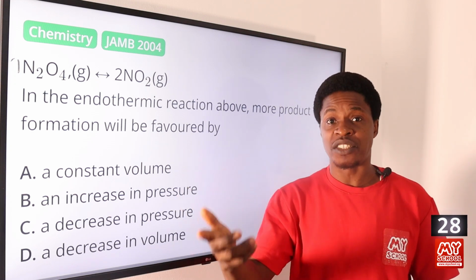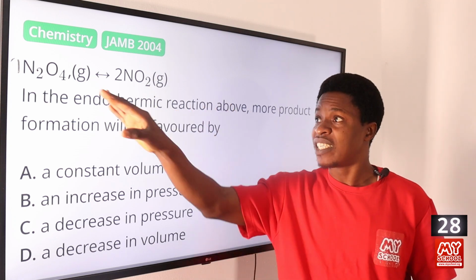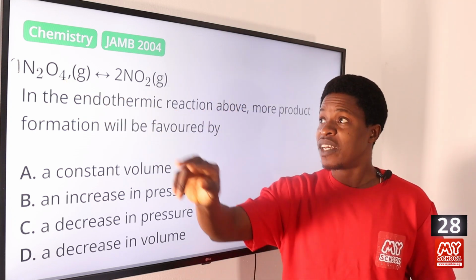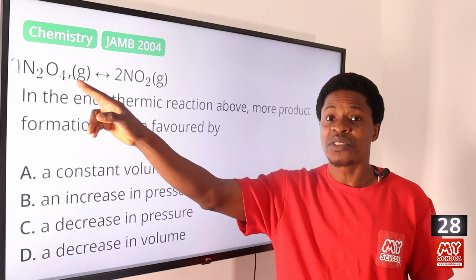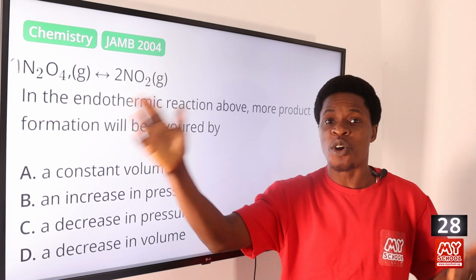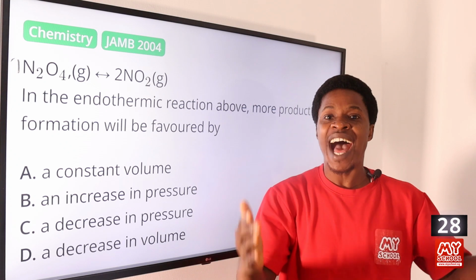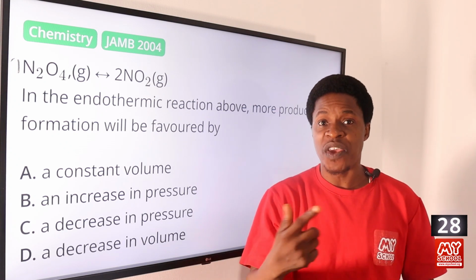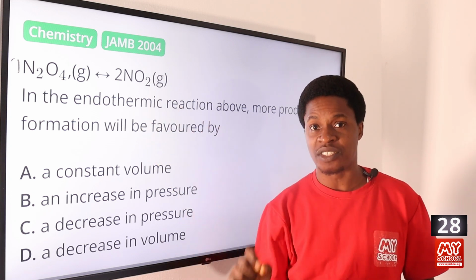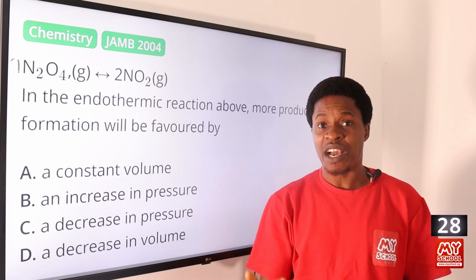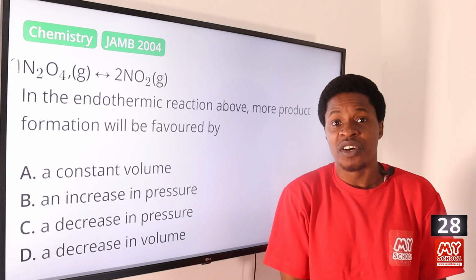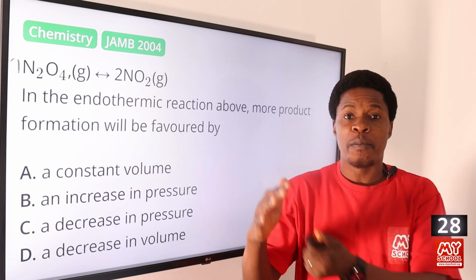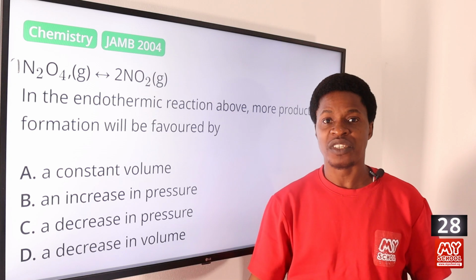If you increase the pressure in a system that is already in equilibrium, the total number of moles of the gaseous substances on both sides, the one that has the lesser number of moles will be favored if you increase the pressure. Conversely, if you decrease the pressure, the side that has more moles will be what? Favored. A decrease in pressure.